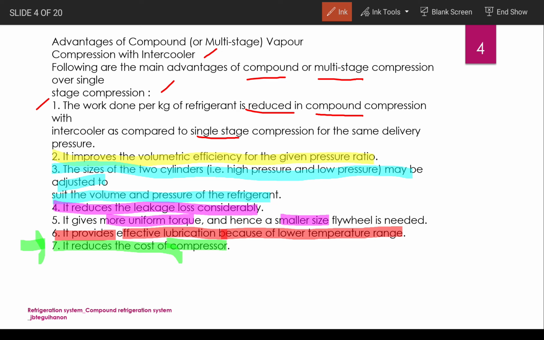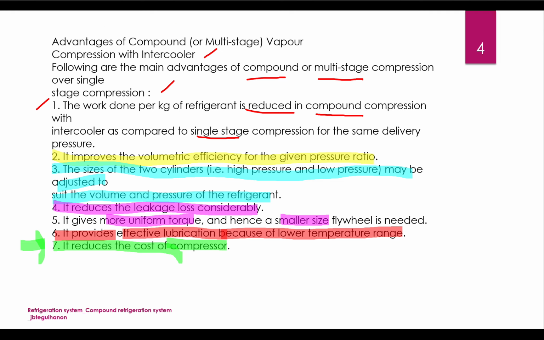Remember, in business there are two main goals: minimize the input, maximize the output. Minimize the investment. That is part of reducing the cost of operation of a business establishment.